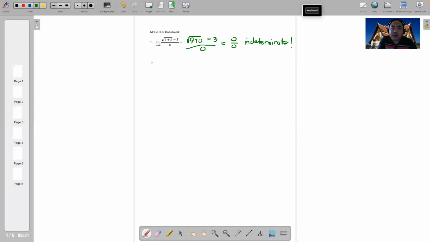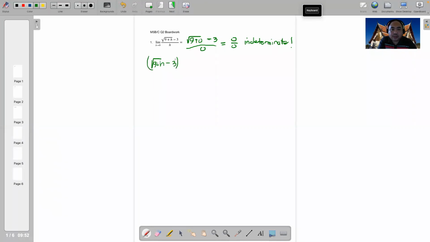One way of doing this is to try to cancel the denominator h in this problem.